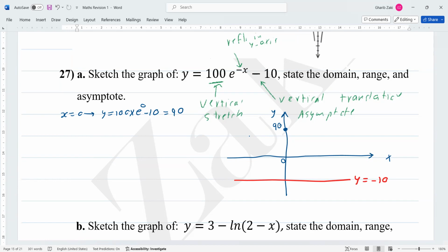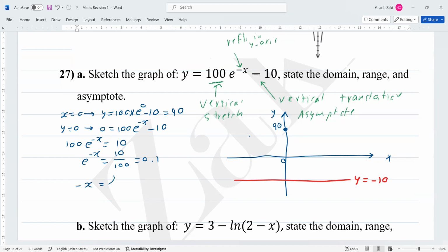We need the point of intersection with x-axis. Replace y by 0. Then 0 equals 100 e power negative x minus 10. Shift negative 10 to the other side. So 100 e power negative x equals 10. Divide by 100. E power negative x equals 10 divided by 100, it is 0.1. Take len both sides.